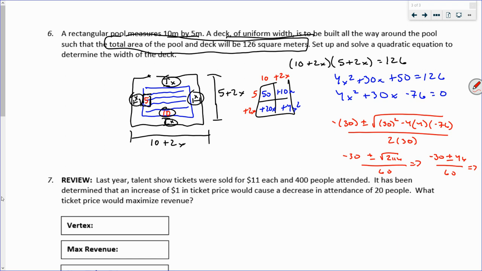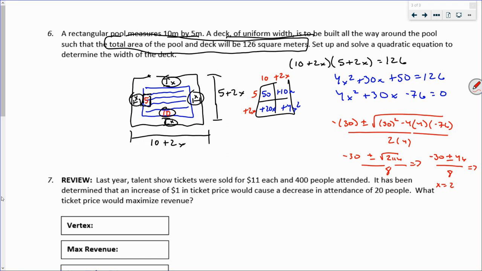Did I screw something up? Hold on a second. Oh, silly. It's all over 2a, which means it's over 8. So negative 30 plus 46 divided by 8 is 2.